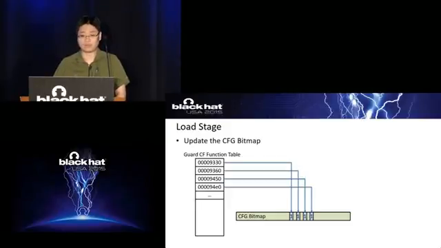So the compiler will try to make most functions aligned. So in most cases, each bit set in the CFG bitmap will represent only one address and not multiple addresses.